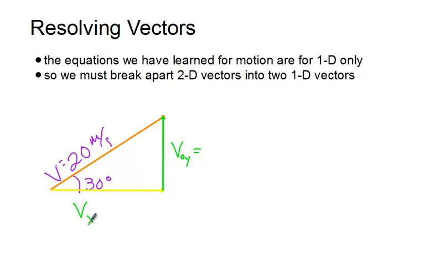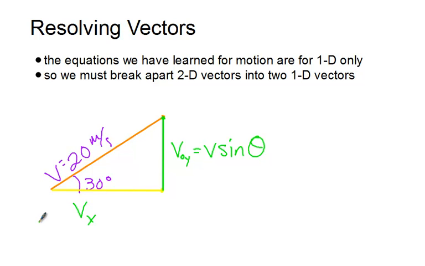Remember how we did that? We used trigonometry. Vy, if our angle is this angle right here, is the opposite side of our triangle. Remember that sine is our trig function that relates the opposite side with the hypotenuse. So we can say that Vy, in this case V naught y for the initial velocity, is equal to V times the sine of the angle. We use theta to represent the angle, as a general form.